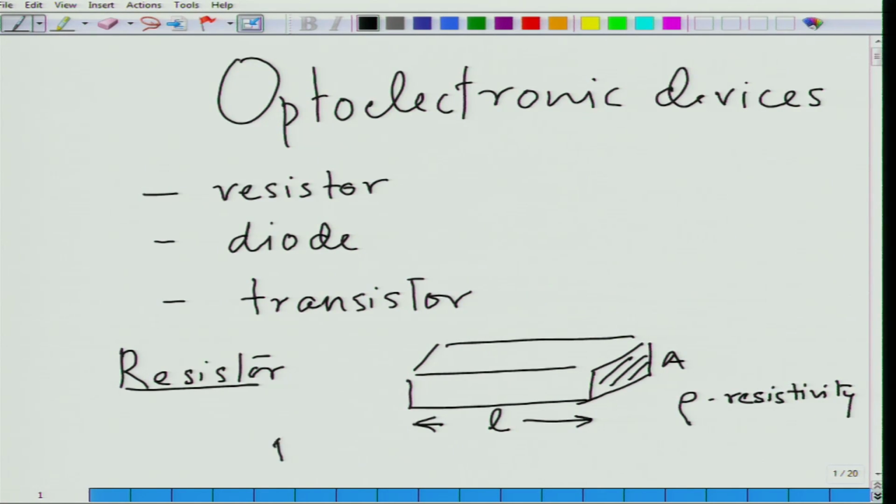In this case, the resistance of this material is going to be rho times L over A ohms. And depending on what rho we have, as you have learned in earlier modules, you can have a material which is highly conducting, or a semi-conducting or an insulator, and hence one can design a resistor depending on what material one chooses for a particular value of R.